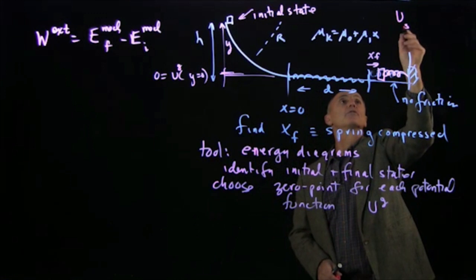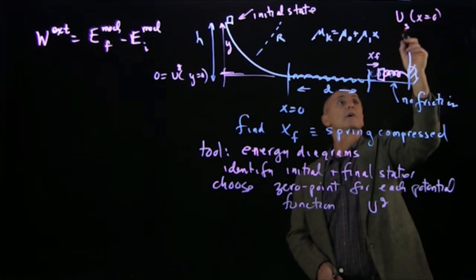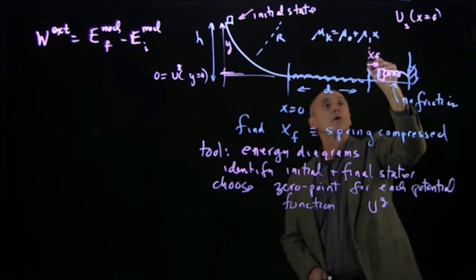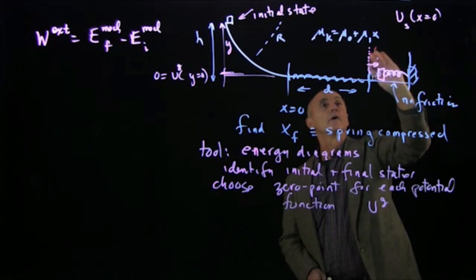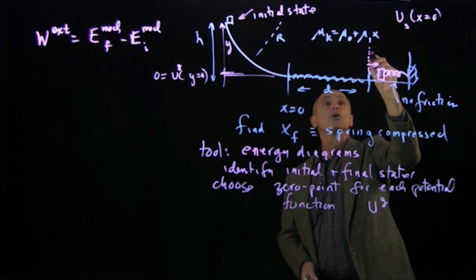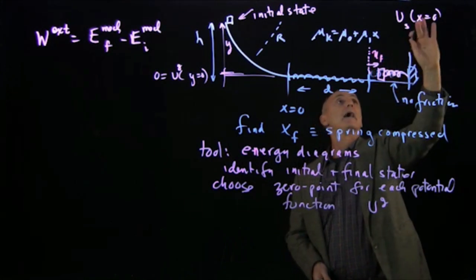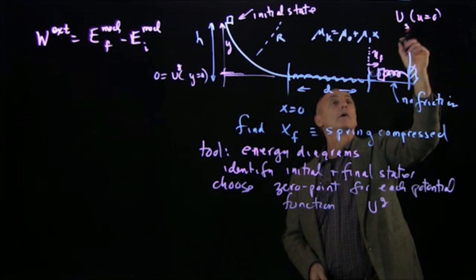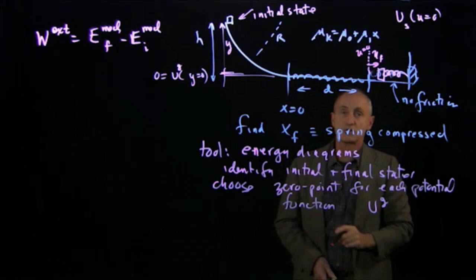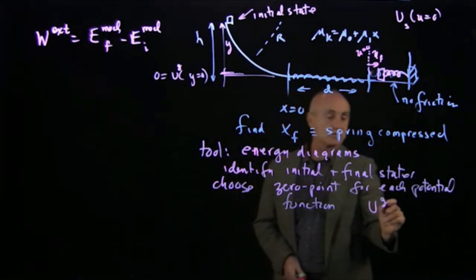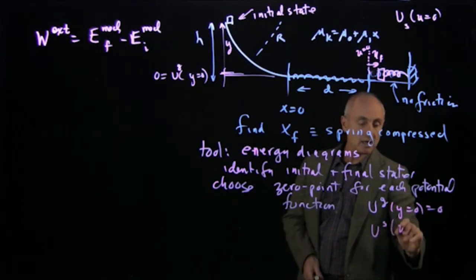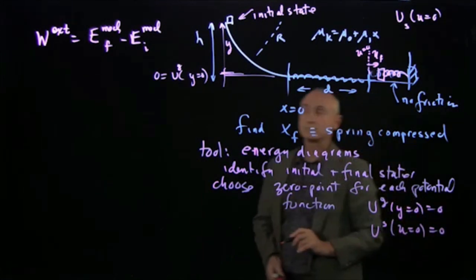And the zero point for the spring is when x, now I'm going to call it a variable, I can call it anything I want, I'll call it u final. And this is where U is 0. So u final just measures the stretch of the spring. So at y equals 0, U gravity is 0, and U spring at little u equals 0 is 0.